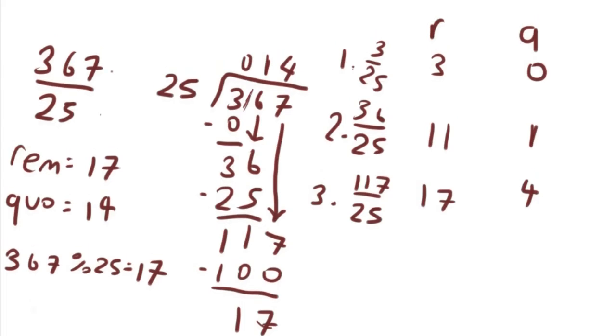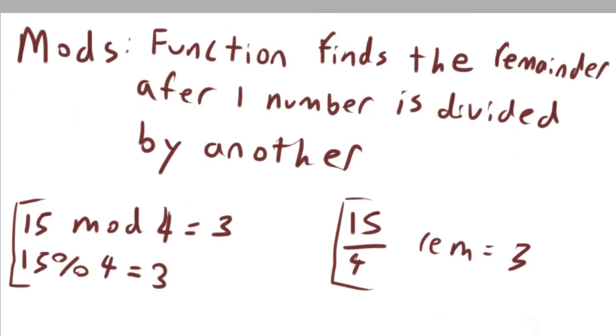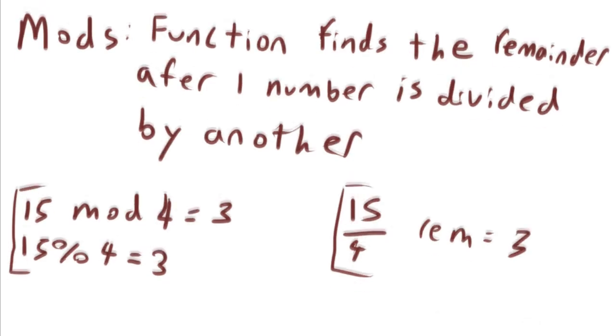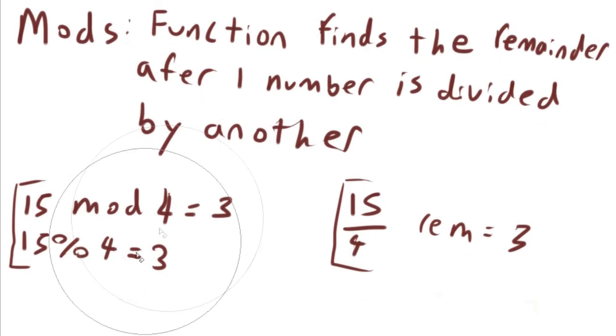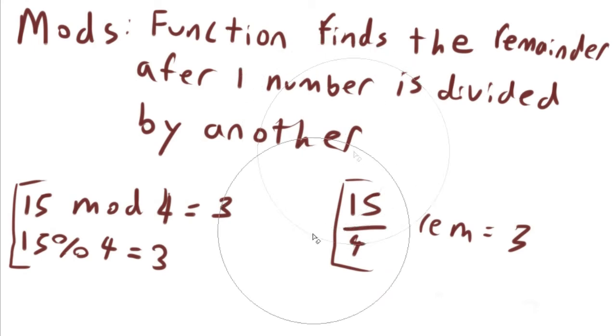So there you go. I'm going to go ahead and erase this, and I'm going to show you that you have been using mods all your life without even knowing it. It's just a cool thing to know, and you realize that you're applying it all the time. And it just goes to show you how useful mods are.